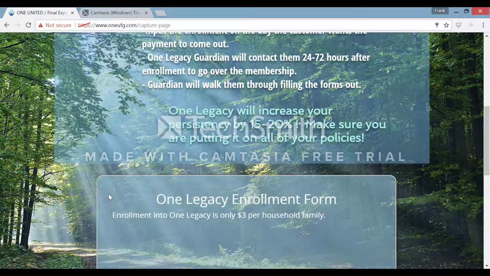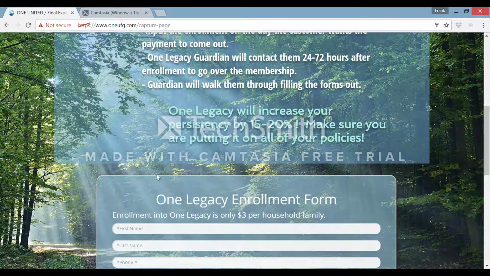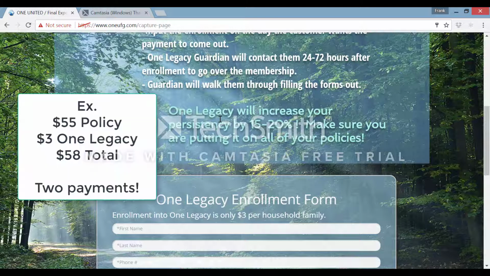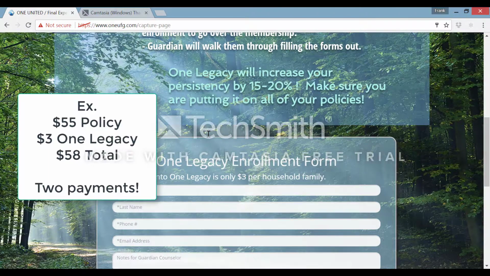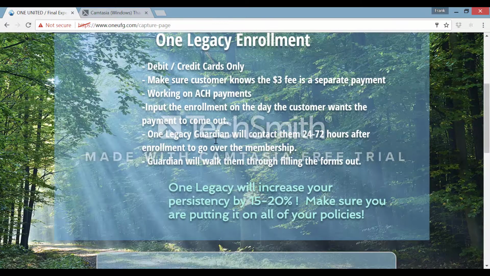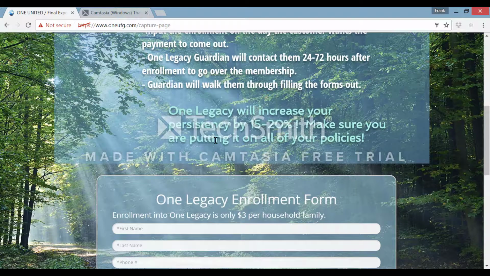While we're on that topic, One Legacy is $3 per family, not per person. So you'll add the $3 to whatever rate you quote the customer. If their rate's $55, you add 3, so it'd be $58, and you just say, for $58, that includes your insurance and your One Legacy enrollment, and then at the end you'll break that down.